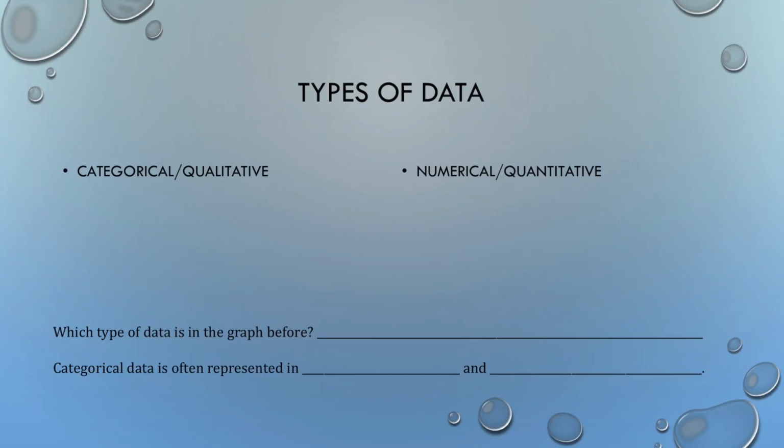So there's 2 types of data. One is called categorical or qualitative, and the other one is numerical or quantitative. Categorical or qualitative is data that is objects, I guess, whereas numerical quantitative is data that are numbers.